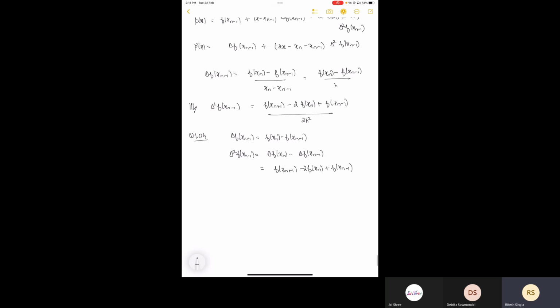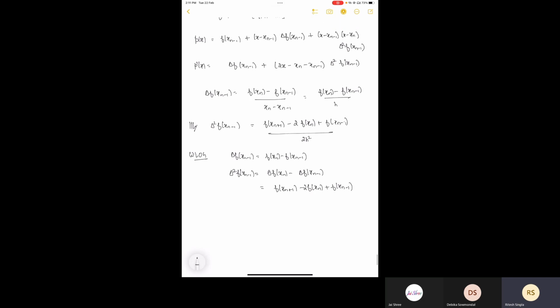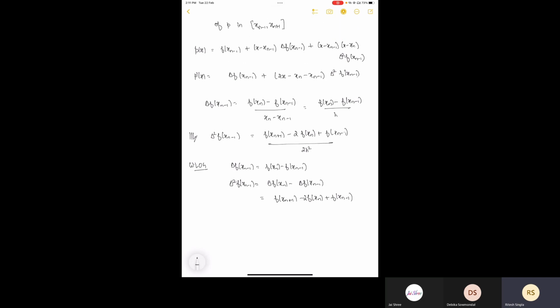I am doing that so that I can get myself in terms of h, and instead of writing all of these f of x of n plus 1 and so on, I should write this notation. You can use any notation, so please do not confuse. Okay, let me use delta.